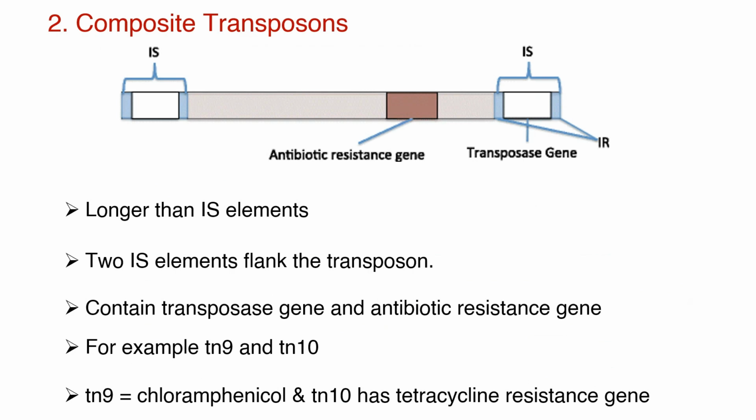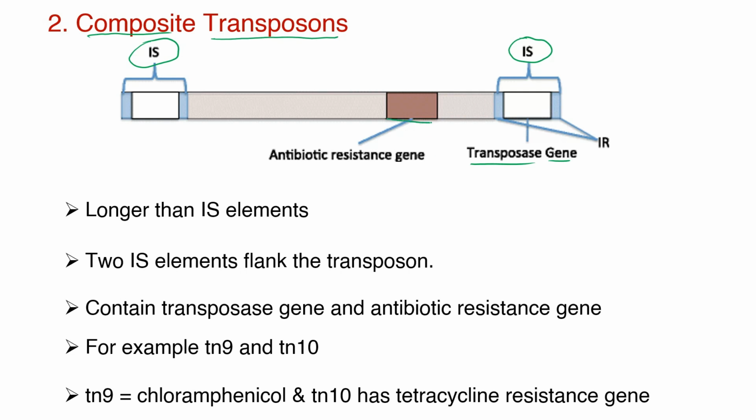Second type of transposable element in prokaryotes, in bacteria, is composite transposons. What are these composite transposons? These are transposable elements which are flanked by insertional sequences. You have insertional sequence here, you have insertional sequence here. We already saw that these insertional sequences have transposase gene, and these insertional sequences flank this antibiotic resistance gene.